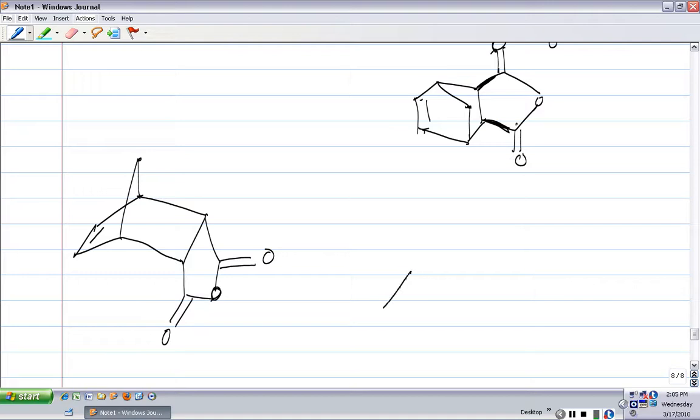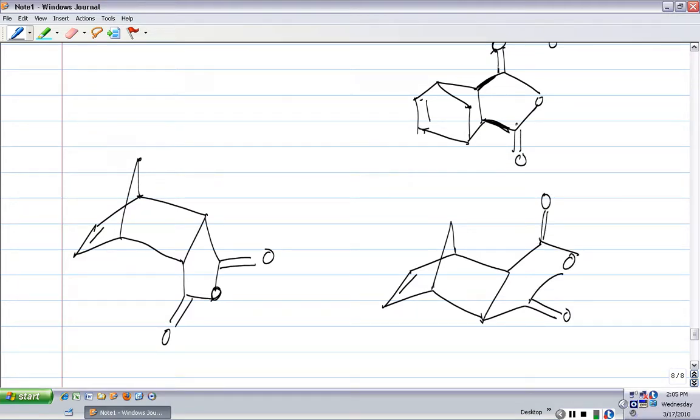There is another scenario in which my methylene bridge is pointing up, and now both of my carbonyls are also pointing up. And they are bridged by that anhydride function. Now, both of these compounds, by definition, are cis. They are cis substituents, because my carbonyls are on the same side.